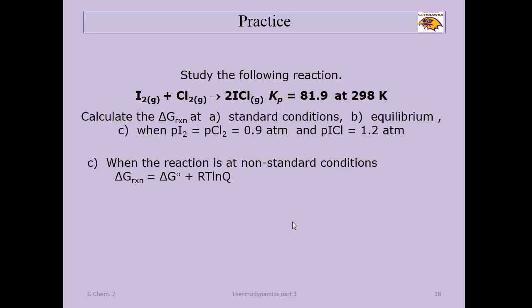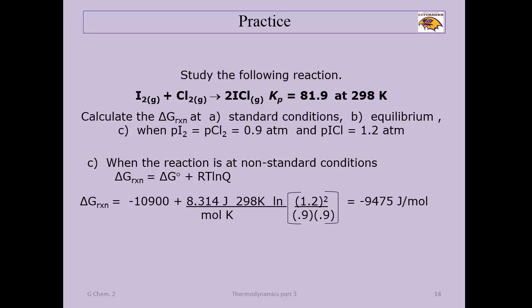And now the last problem is what happens when you get to these non-standard state conditions where you have different partial pressures. For that you need the equation. Start with your free energy, which we just calculated in step A, and add RT log of Q. Remember Q is products over reactants, and remember to include the coefficients.